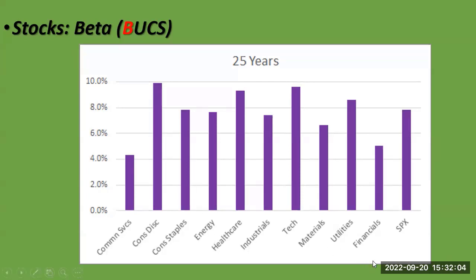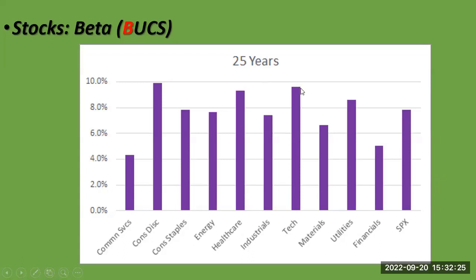Anything else stand out to you? Financials, you know, we had the 2008 crisis in there. That certainly didn't help financials at all. Anything look unusual? Consumer staples right in line with the market. Industrials right in line with the market. So the two standouts, consumer services and financials, are the worst ones.